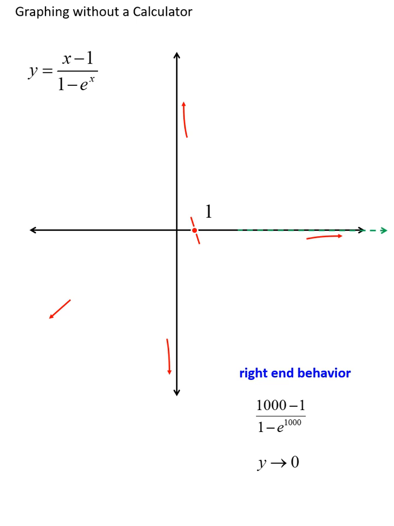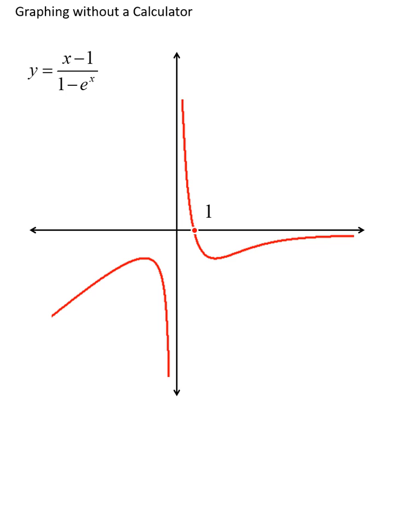And that tells me that the graph has to look like this. So we've got 0 as a horizontal asymptote, which again, to avoid confusion, we won't draw. So after all the clues are put together, all I have to do now is connect the graph up, and I'm done.